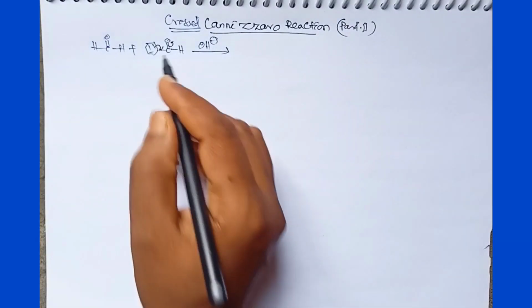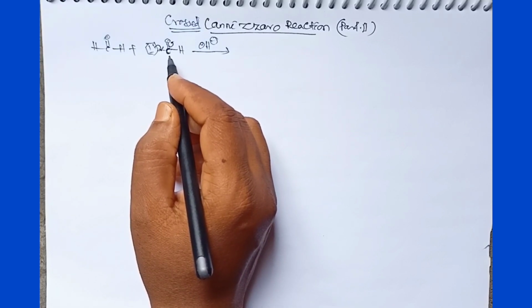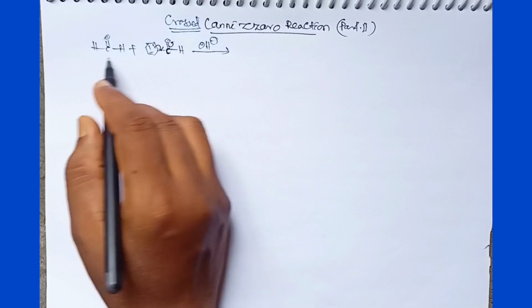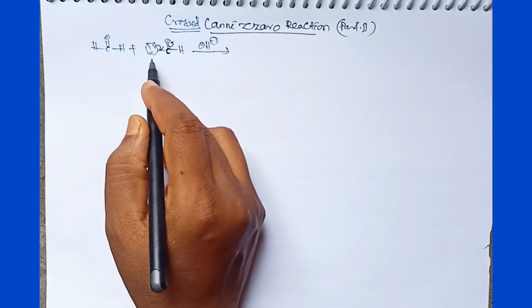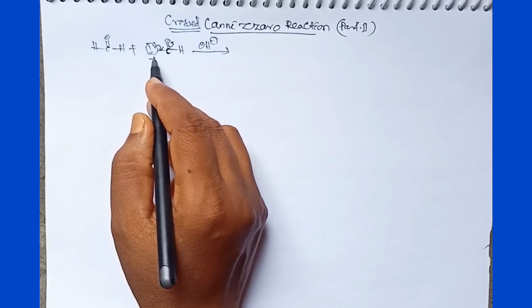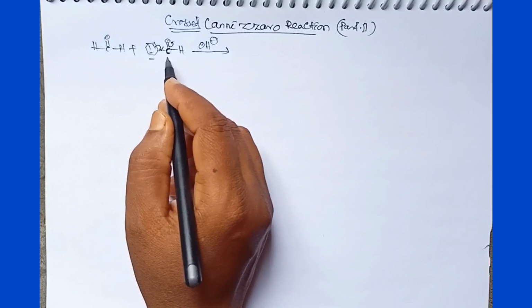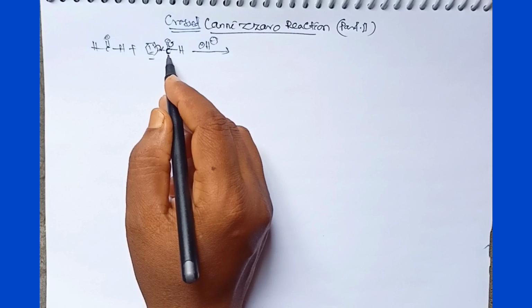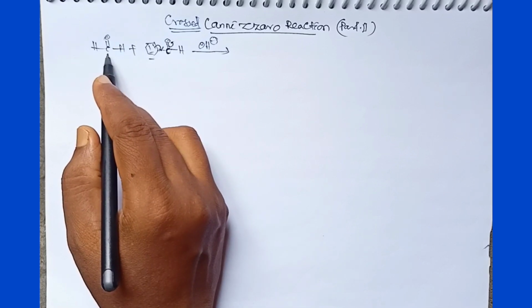So this carbon center is somewhat more electron rich than formaldehyde, because formaldehyde is not supported with any plus M group. Here the phenyl acts as a plus M group and participates in resonance. So the electron deficiency is compensated by the electron donating group, but in formaldehyde it is more electron deficient.